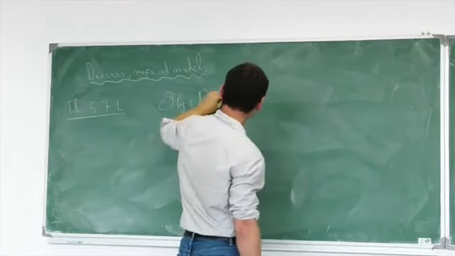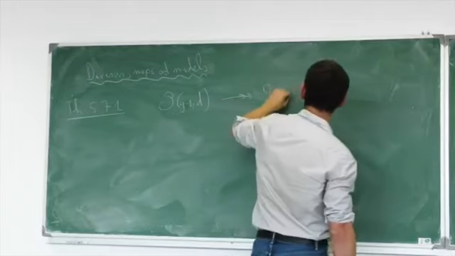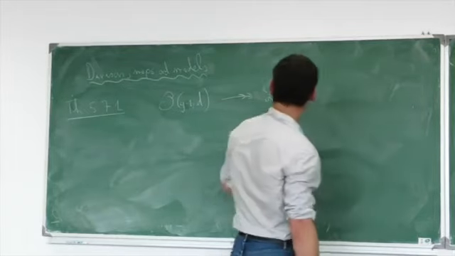And there is a surjective map from this vector space to L of D times kappa.